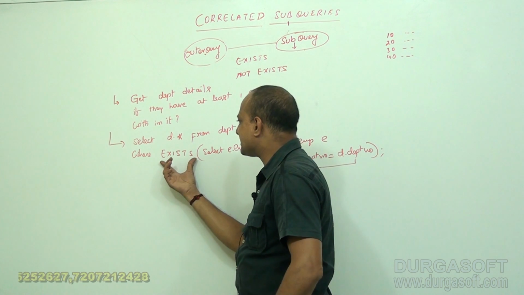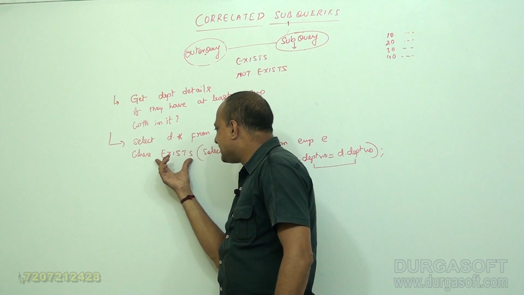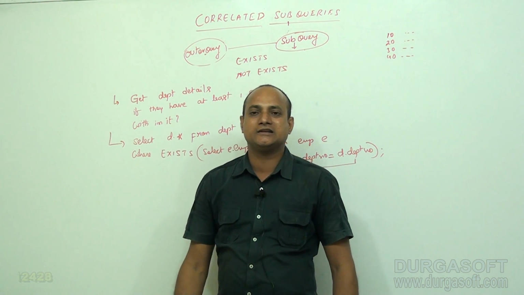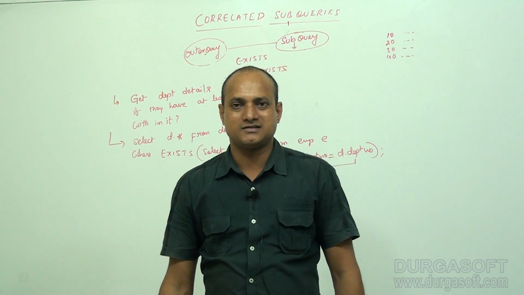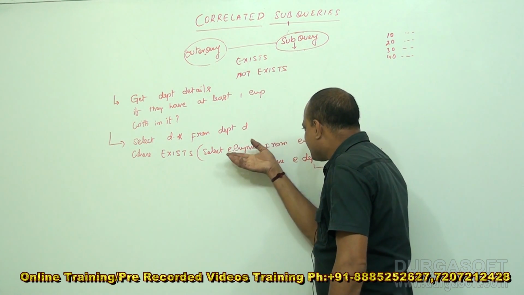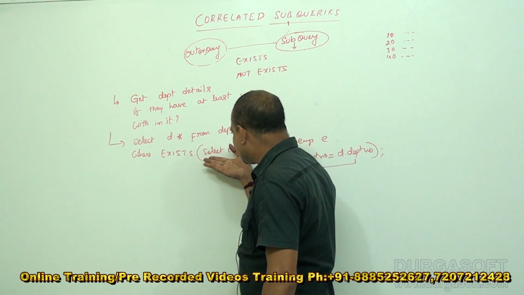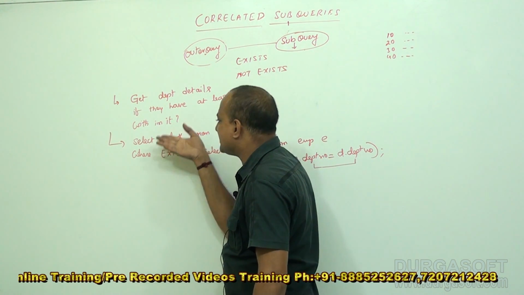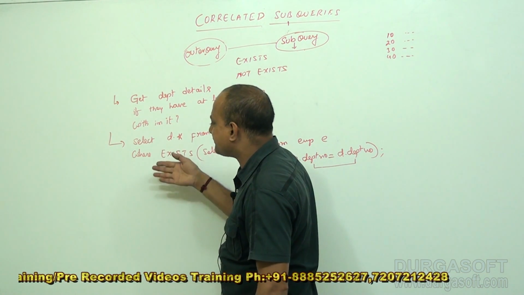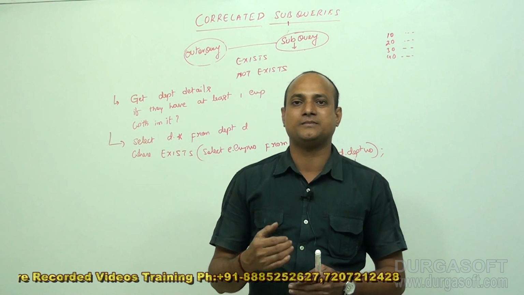So the EXISTS operator returns false for the 30th department, and the outer query should not display 30th department details. Similarly, the subquery is not selecting any employee number for the 40th department. If it is not returning any value, then the EXISTS operator returns false, and the outer query should not display 40th department details.